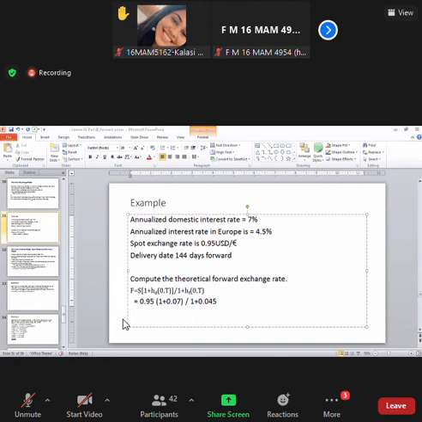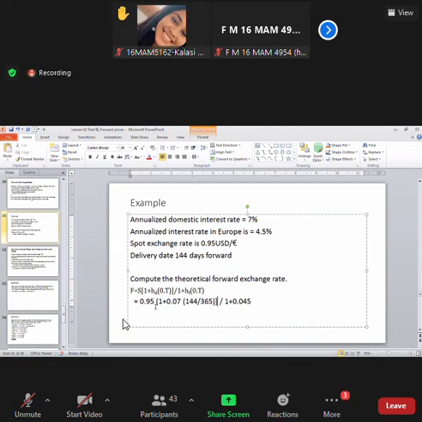These are annualized interest rates, annual rates. So you cannot take this 7% as it is. This 7% is for 365 days.